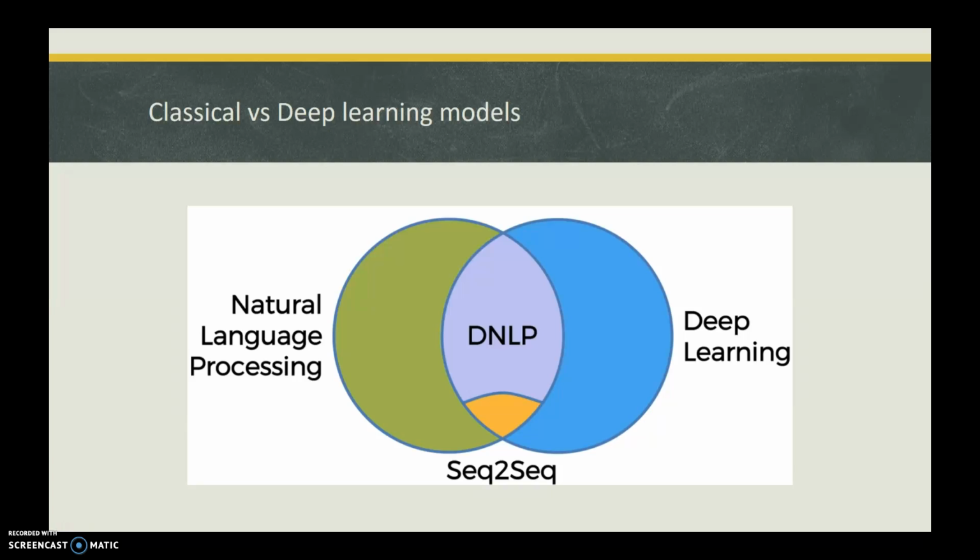The intersection part of these two models is deep natural language processing. And our project uses the sequence-to-sequence model. The sequence-to-sequence model can be considered to be a small part of deep natural language processing.